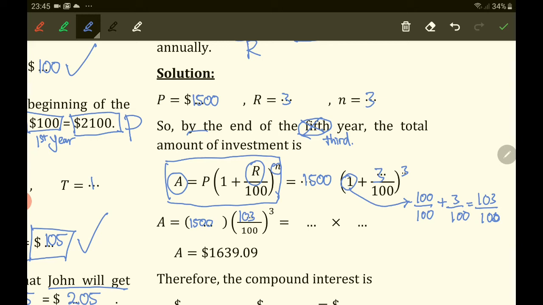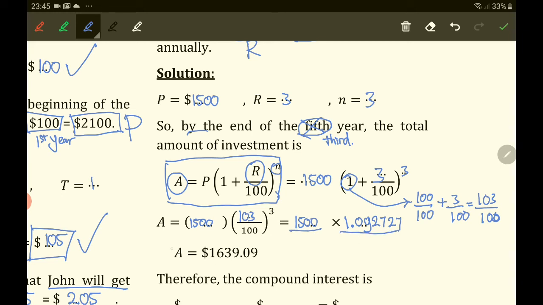So this is a big number, 103 divided by 100, to the power of 3, which is 1.092727. So this is a big number. Now we just multiply 1,500 times 1.092727.